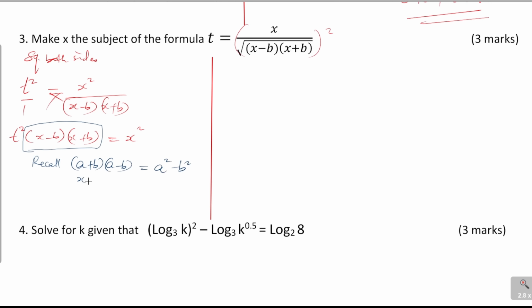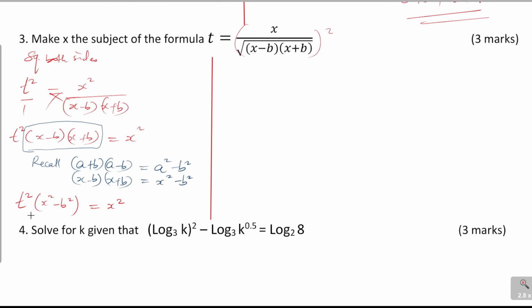So x minus b, x plus b is going to simplify to x squared minus b squared. So you shall have t squared multiplied by the whole of x squared minus b squared, which gives x squared.